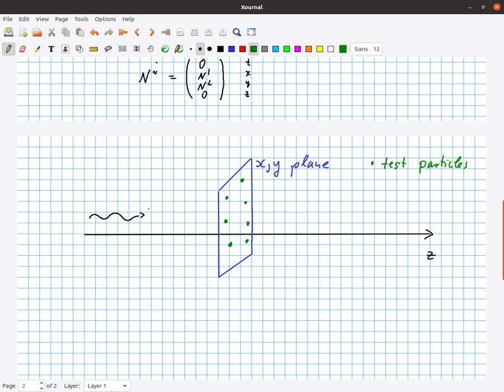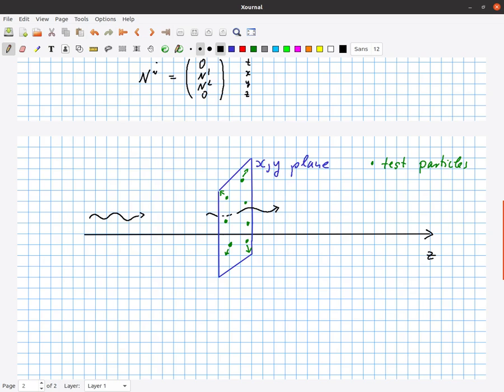And what will happen is the gravitational wave will propagate through this plane, and this will have an action on those test particles. They could, for instance, move a little bit away from the center when the gravitational wave goes through. And then they go back to their original state. Although the way we've modeled this, we have a continuous gravitational wave, so there should be some form of continuous action.